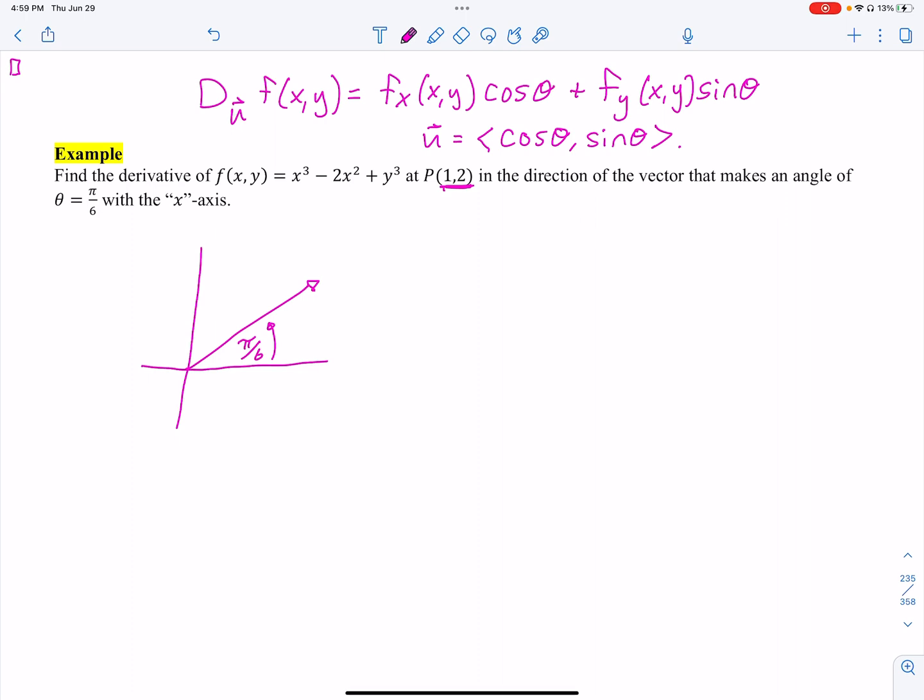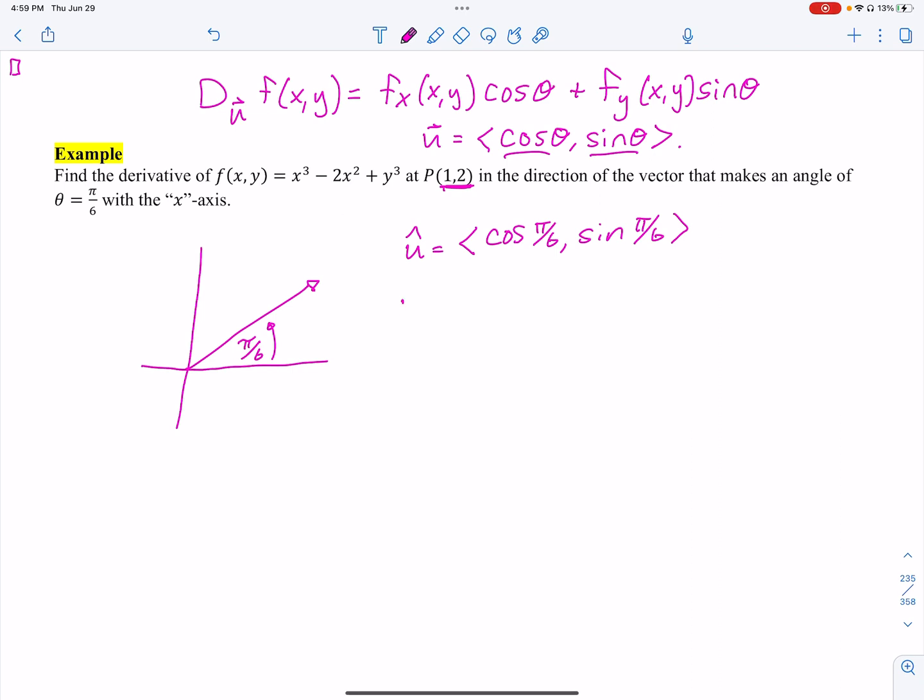First, let's build our vector, and it's going to be a unit vector. This is nice and set up for us: cosine of the angle, so cosine of pi over 6, sine of pi over 6. Now, they may not give you theta, and if they don't, that's okay. You can just use the coordinates, just make sure it's a unit vector. If it's not a unit vector, make it a unit vector.